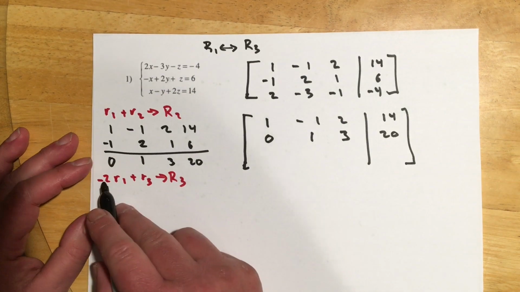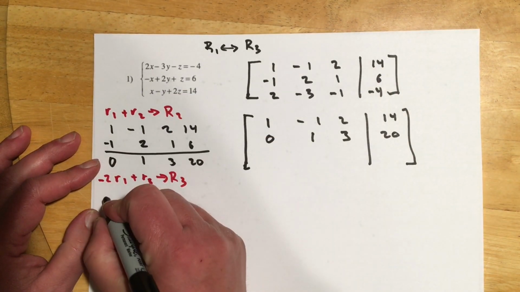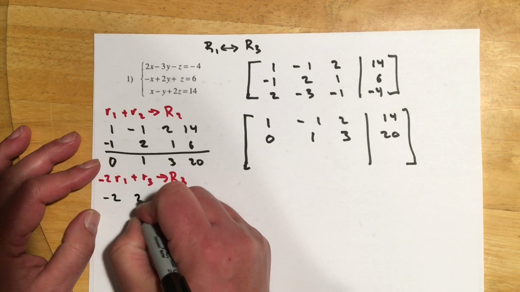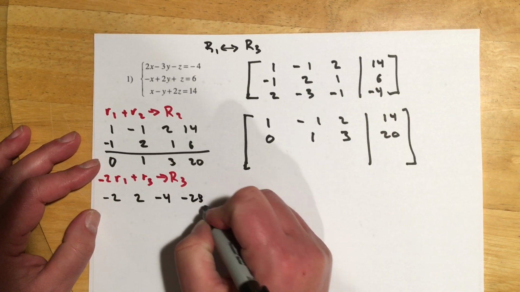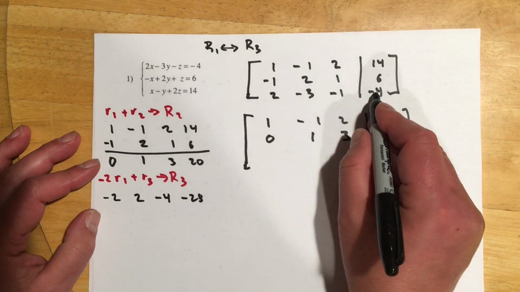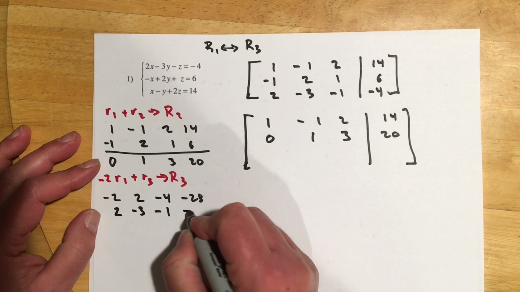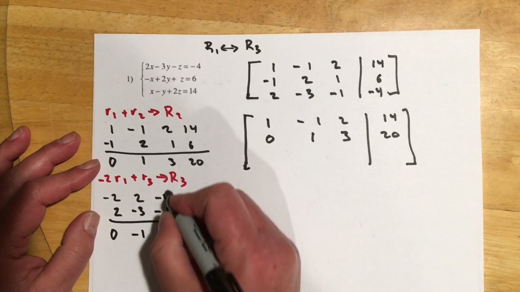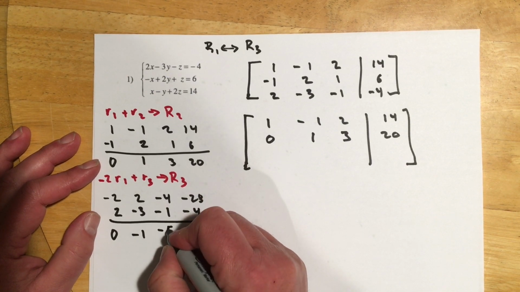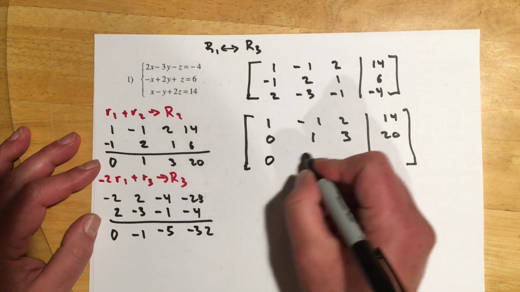And then next I'll do -2 times row 1, which is, this is now row 1. So -2, 2, -4, -28. And then I'm adding to that row 3. So that gets me my next 0, -1, -5, -32. So that's here.